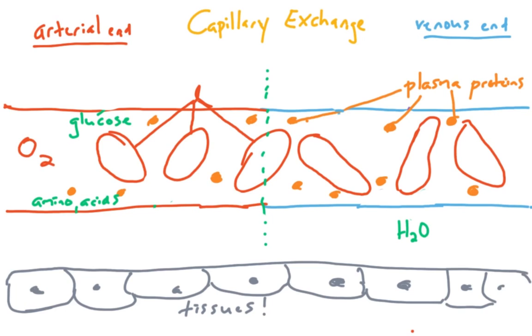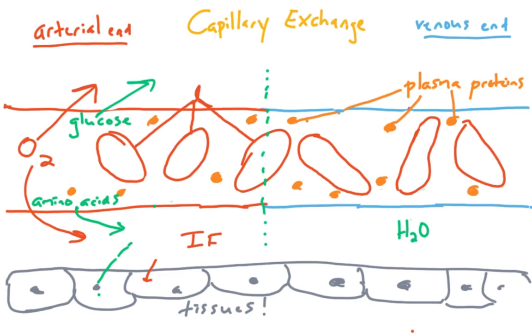So you want to think about the oxygen that has to leave these vessels and enter into our interstitial fluid and ultimately make its way into the tissues. Okay, so that's one thing that's going to have to leave. In addition, you're going to have substances like amino acids leaving. So this is the nutrient piece of this. So amino acids need to leave the arterial end of things to eventually make their way into the tissues. Glucose, sugars, nutrients are going to leave.